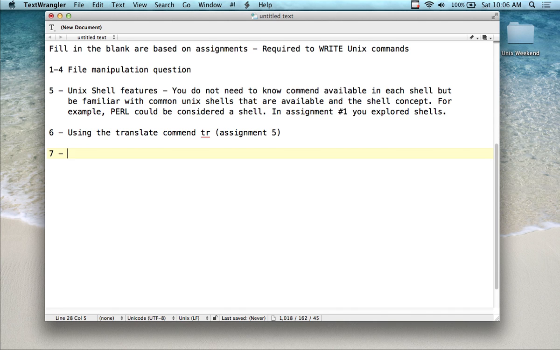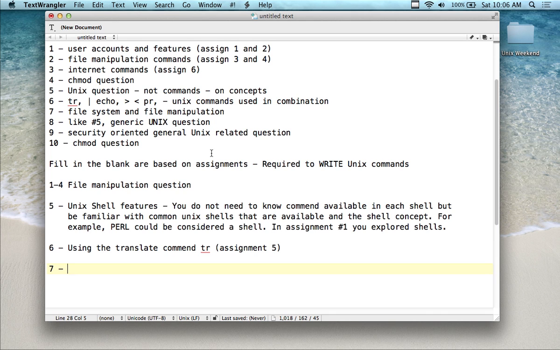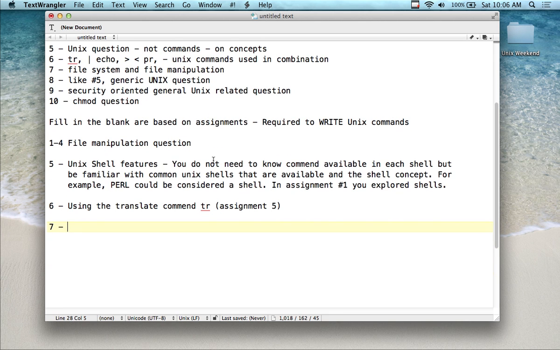Let me make sure first. For those who are actually listening to me right now: no grep. I did not trip you up with any grep questions, because grep could actually be challenging.